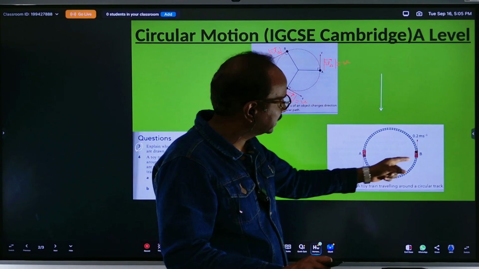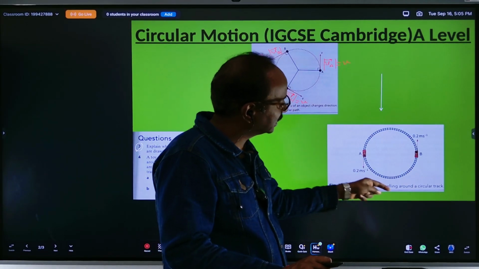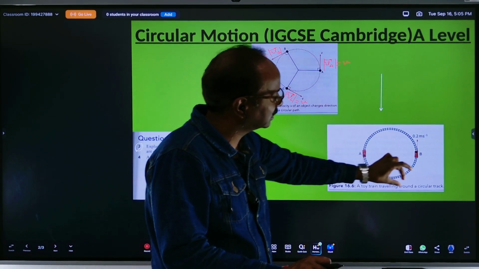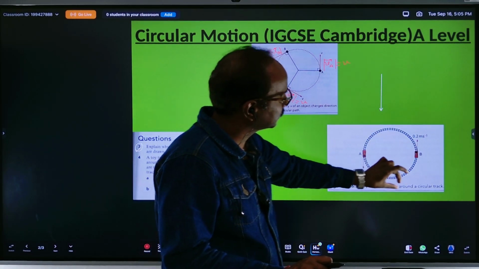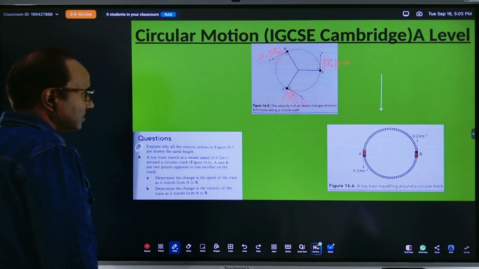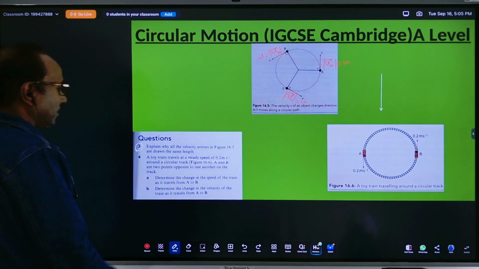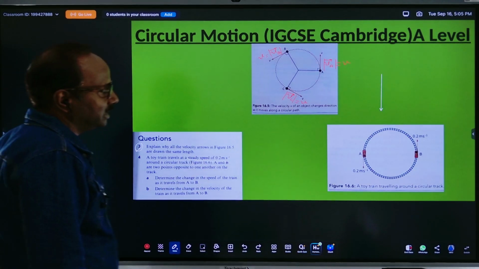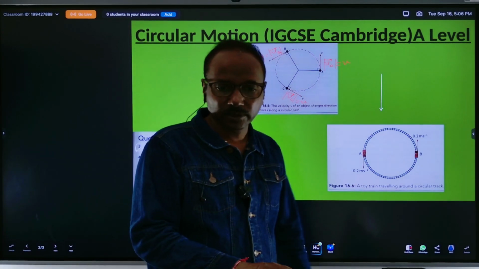This is the train. The train is moving in this direction, on the circular track like this. And it is moving with a steady speed. Means again it is a uniform circular motion, right?